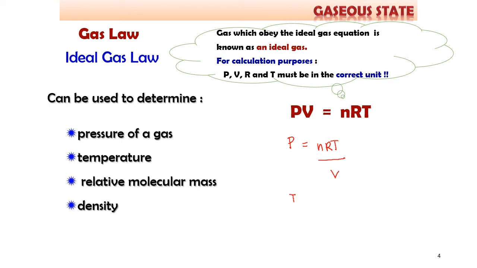If you want to find temperature, just rearrange to PV over nR. There you get the temperature of the gas. What if you want to find molecular mass and density?